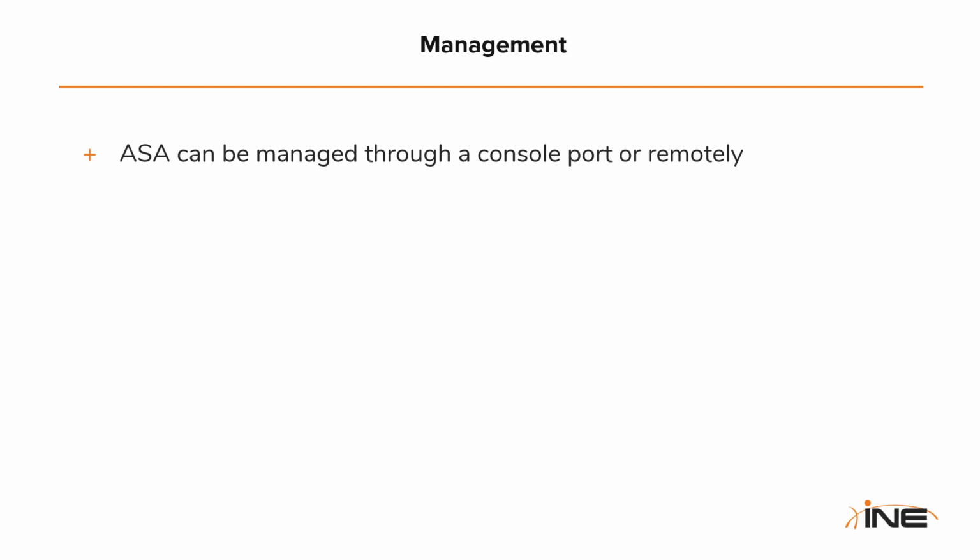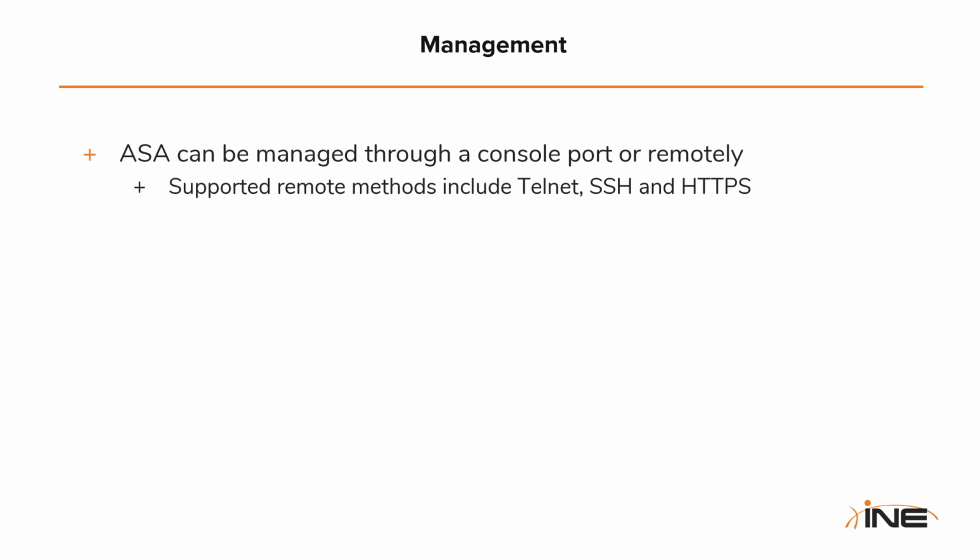But if you plan to manage the ASA over IP for the network, you can either go for telnet or SSH, which is obviously still for the command line. Or as an alternative, it is also possible to use the GUI mechanism to control the firewall, which is going to be over an HTTPS connection.